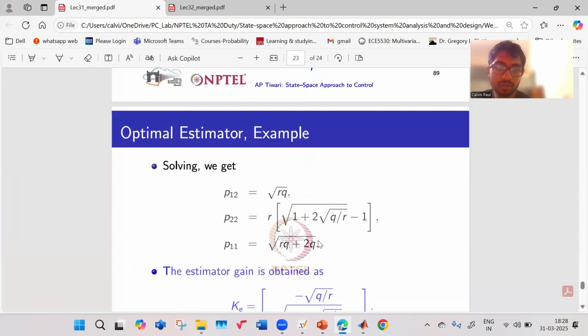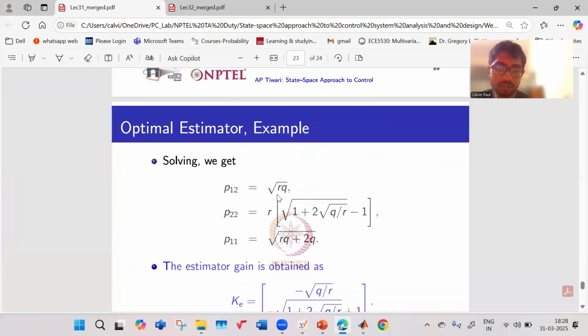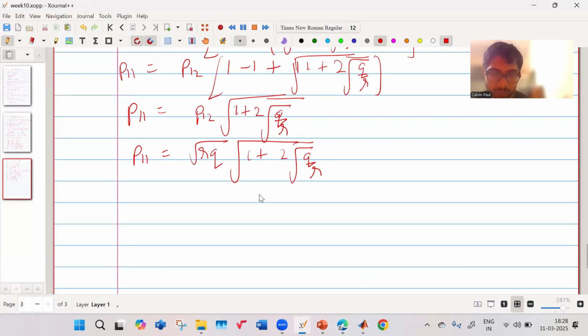So Sir has got P12 is equal to square root of R cubed. P22 is R into square root of 1 plus 2 square root of Q upon R minus 1. And P11 is equal to square root of R cubed plus 2Q. Why is that? It's simple. Sir has just taken it inside.